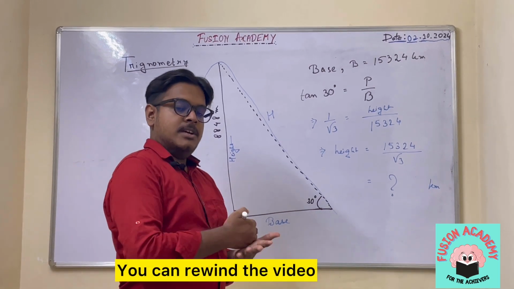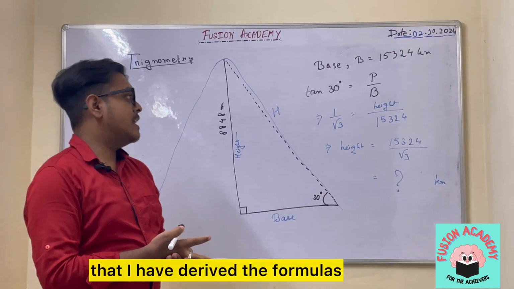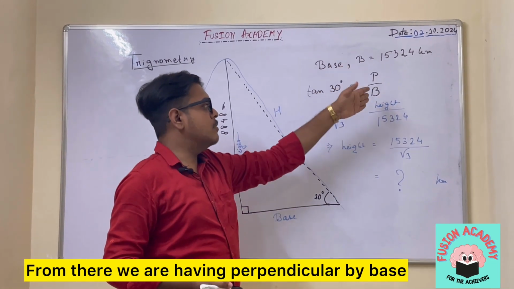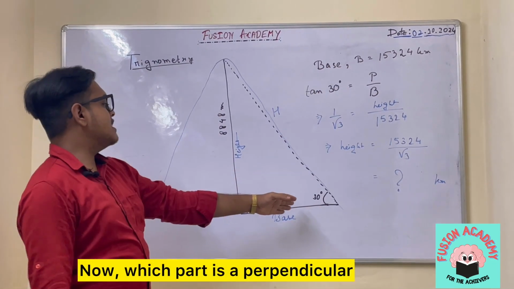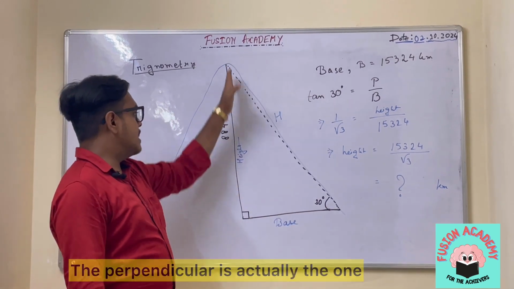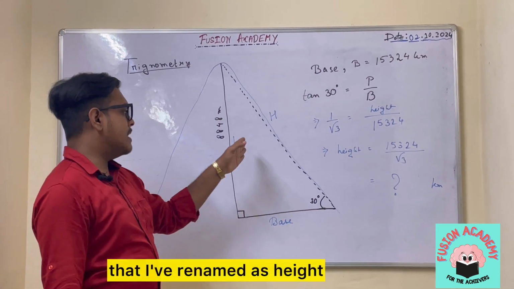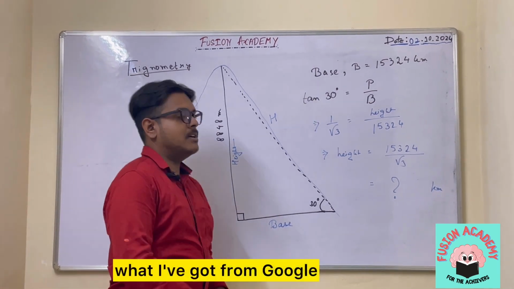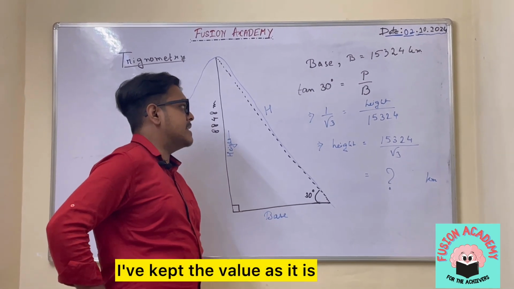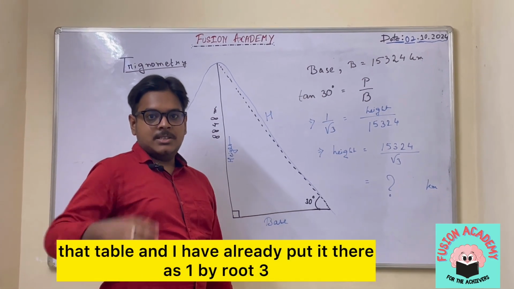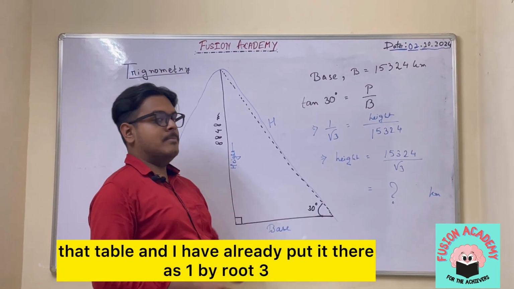You can rewind the video to watch how I have derived the formulas, or I have already written it down. From there we are having perpendicular by base. Now which part is the perpendicular? If we are considering this as 30 degree or theta, the perpendicular is actually the one that I have renamed as height. So I have written down height over there, and the base part that I got from Google, I have kept the value as it is. And for tan 30 degree, I have already taken the value from that table and put it there as 1 by root 3.